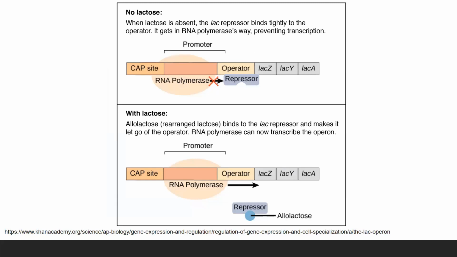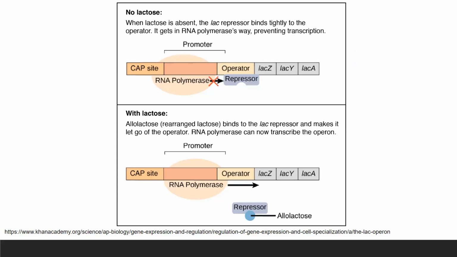So what happens when there is no lactose in the media, like you can see in the first case, is that the Lac repressor can bind tightly to the operator region and it hinders the RNA polymerase from binding to the promoter region. So it prevents the transcription of the three genes in the Lac-operon.